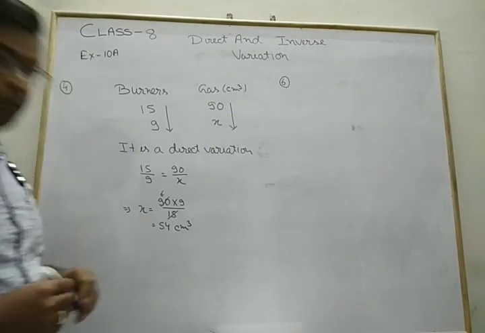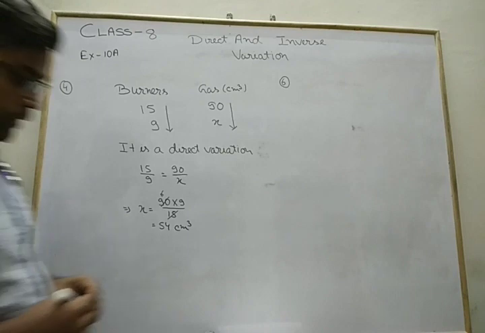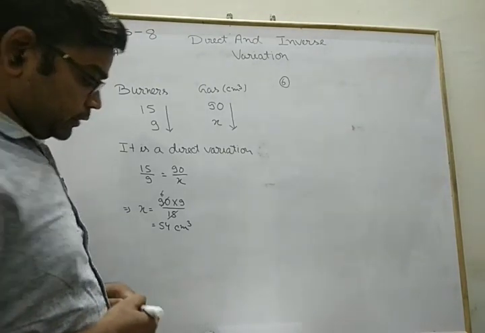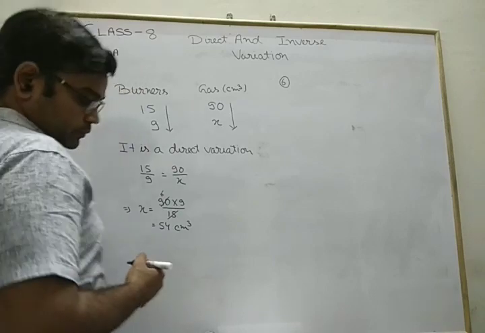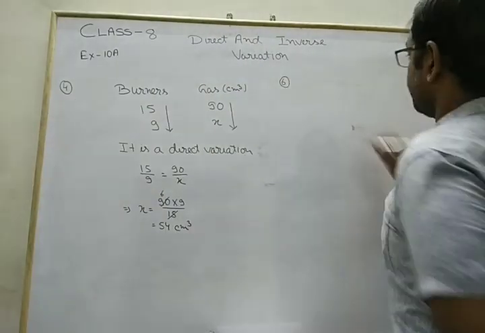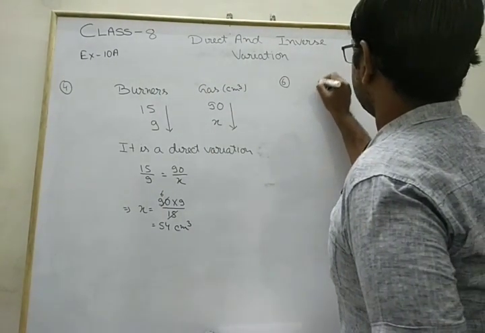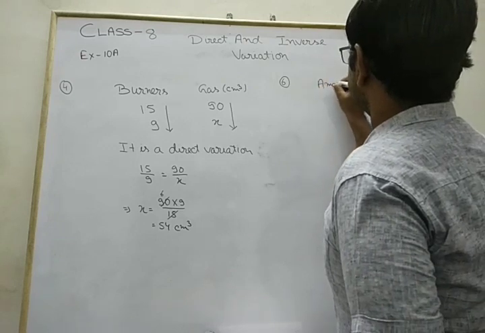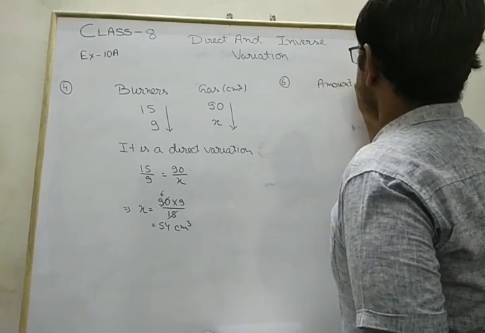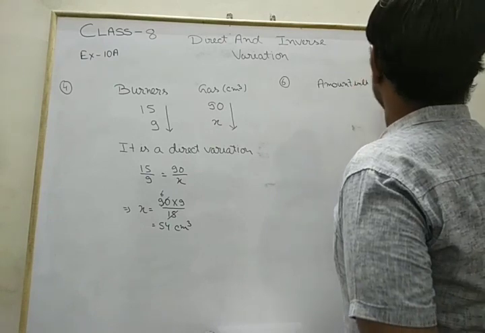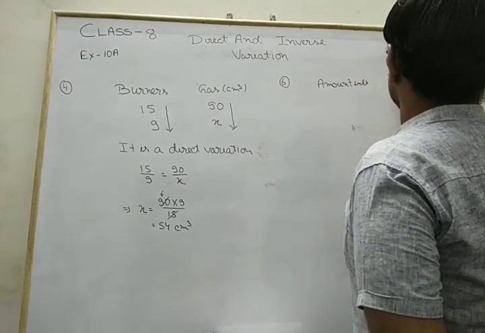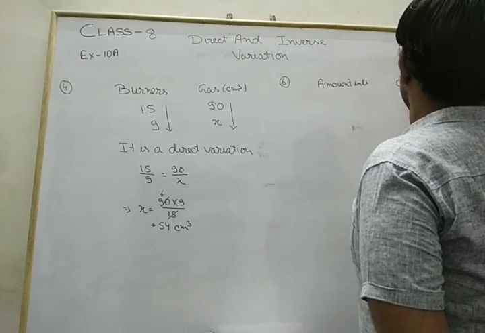As we observe that it's a direct variation, it says amount of oil in liters and cost in rupees.